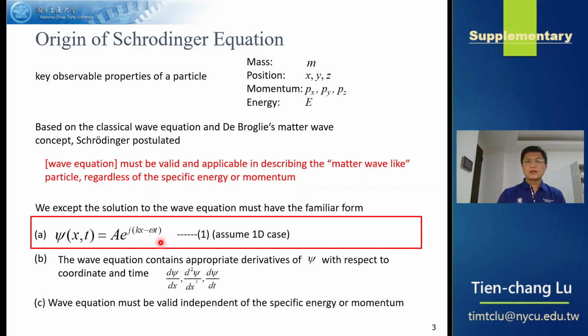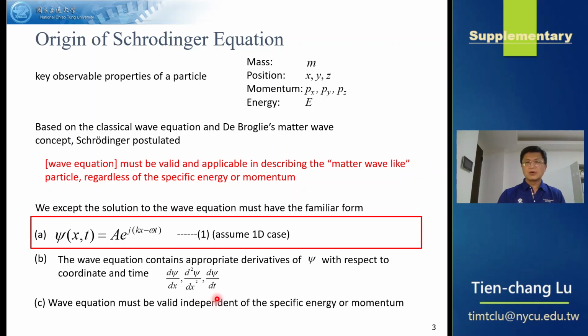We also know that the wave equations contain appropriate derivatives of the wave functions, phi, with respect to the coordinate x and the time. These wave functions must have appropriate derivatives with x, the first derivative and the second derivative, in order to obtain, for example, the velocity and the accelerations.